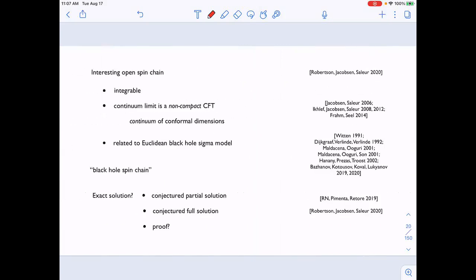But still, this solution wasn't proved. And so the aim of this talk is to present the proof here. And it won't be a technical talk. And what I want to emphasize is the key idea of the proof. And that's something we call a factorization identity, which I hope you'll find interesting.